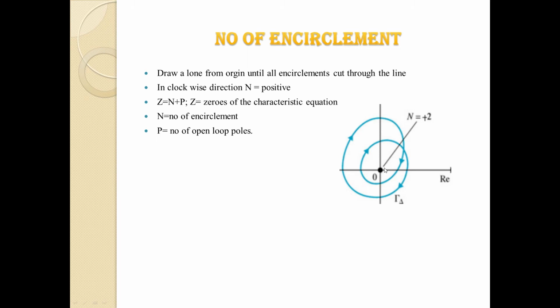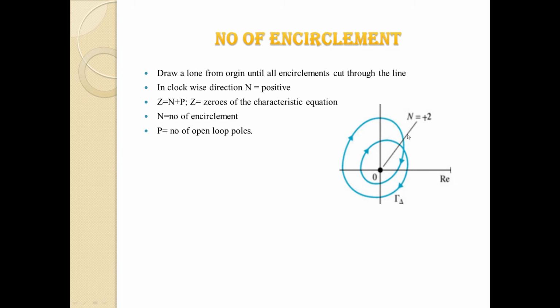Now we are considering that in the clockwise direction the number of encirclements is positive. After drawing this line from the origin, all the encirclements have been cut through this line and the number of intersections is 2. So we consider the number of encirclements to be plus 2, because it is in the clockwise direction.